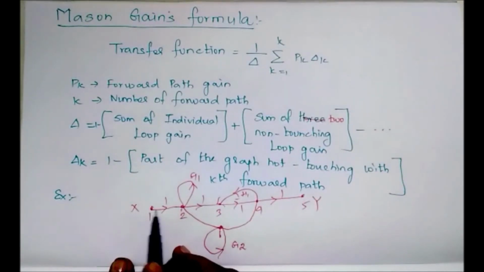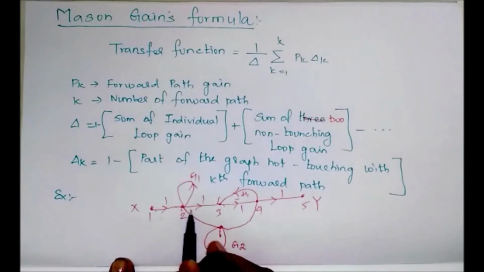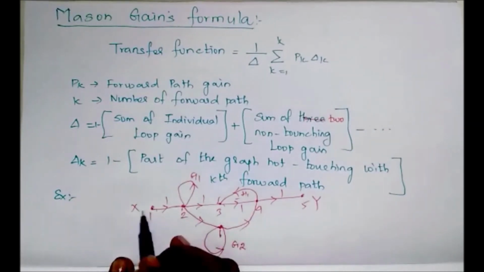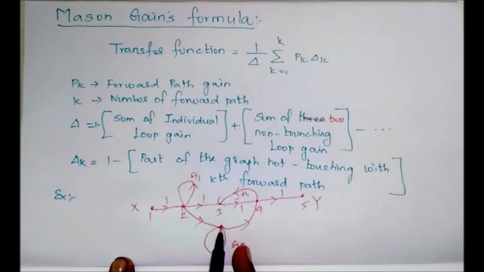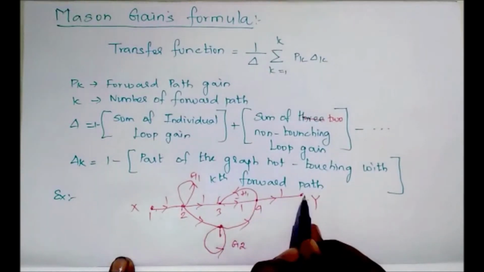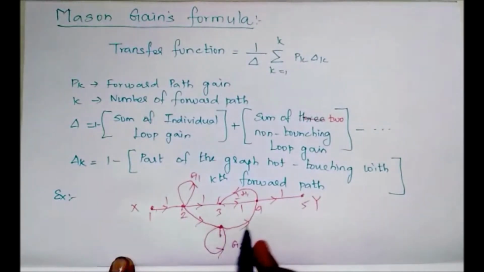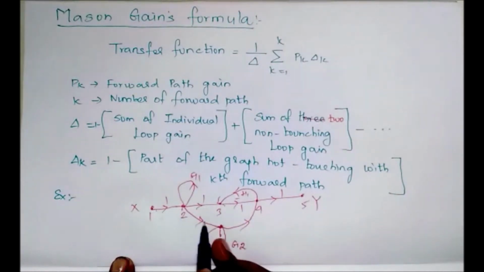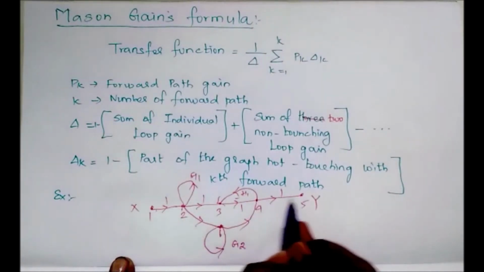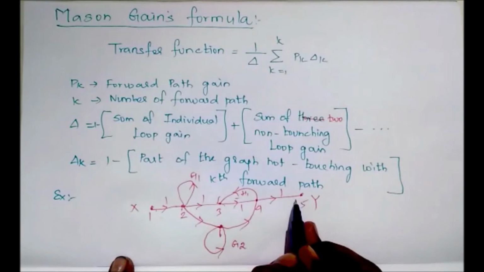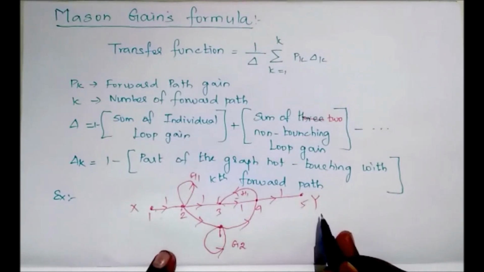Then next, suppose we see from 1 to 2, 2 to 6, 6 to 4, 4 to 5. So there is another path without any interruption. By using arrow mark we can see this is the second forward path. Therefore it consists of 2 forward paths.